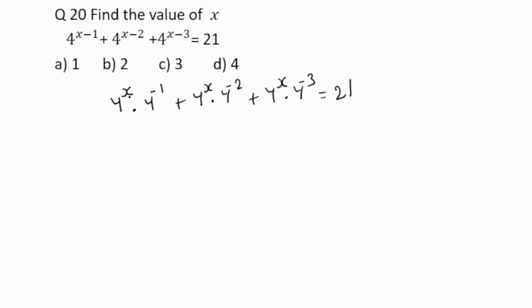Now take 4 to the power x common. We can write 4 to the power minus 1 as 1 over 4.